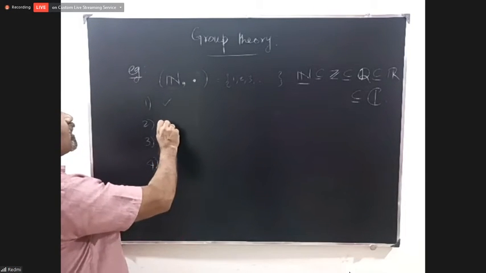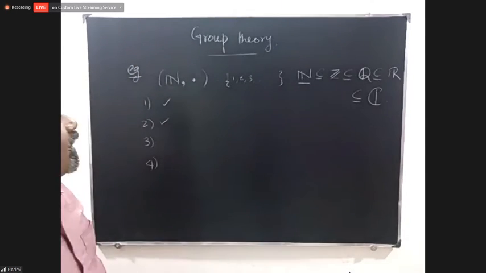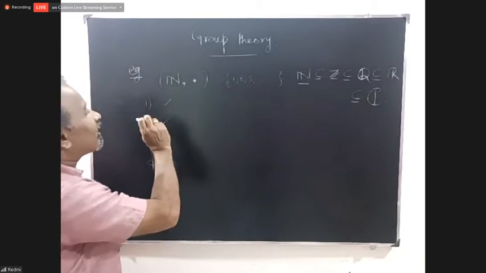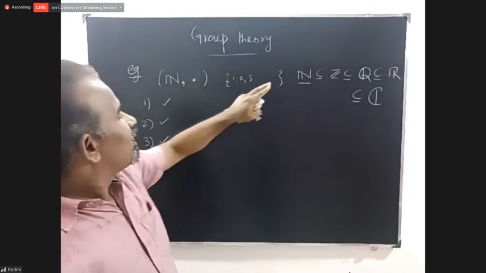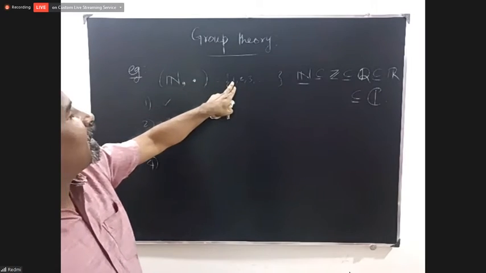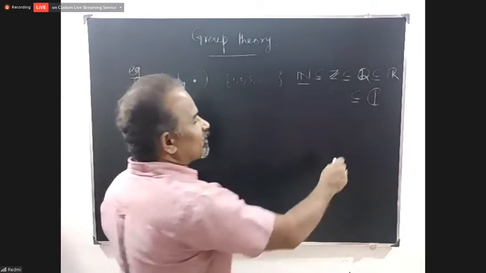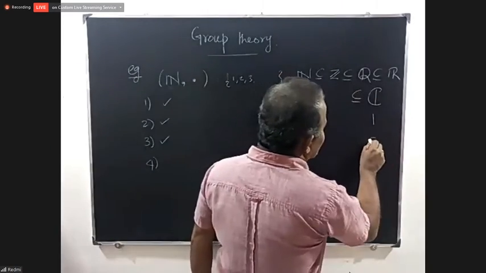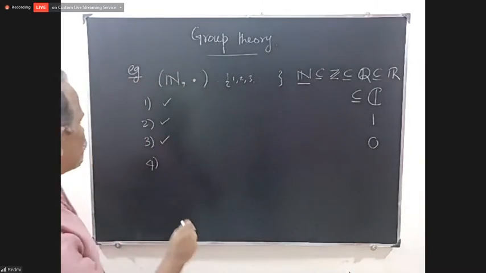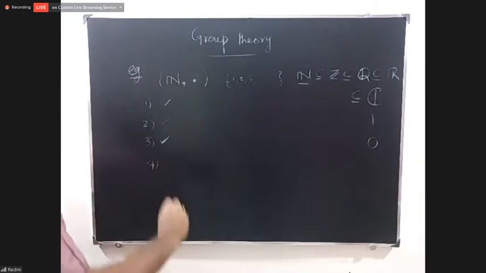Number two is associativity, sure. Number three is the multiplicative identity, which is always 1. Additive identity is 0. So the third condition also is satisfied.